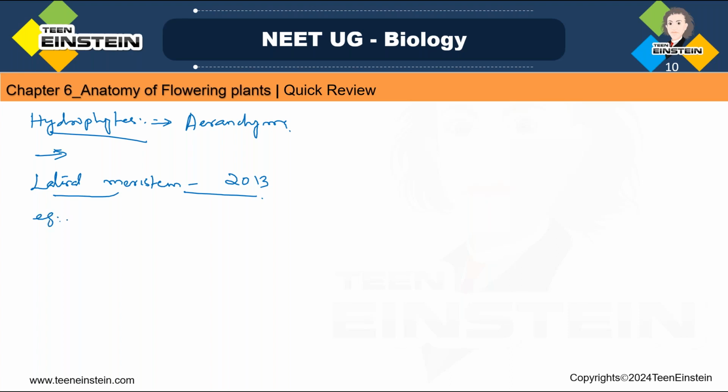Examples of lateral meristem: phellogen and fascicular cambium. These are examples of lateral meristem.